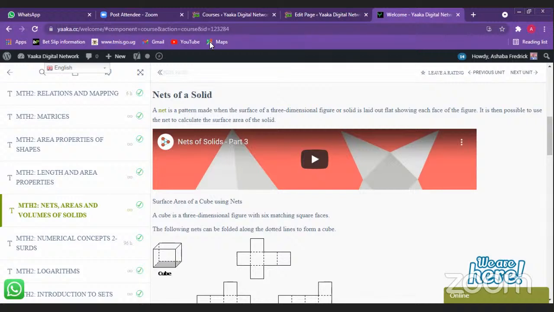It is then possible to use the net to calculate the surface area of the solid. So we use the net to calculate the surface area. So with the surface area, we are interested in the area of every side. So when we turn the figure around, the area of the whole surface.